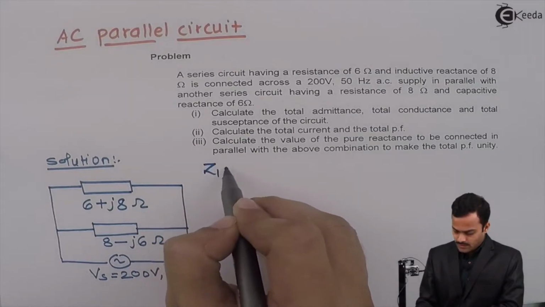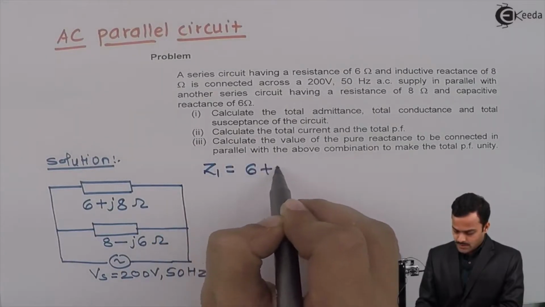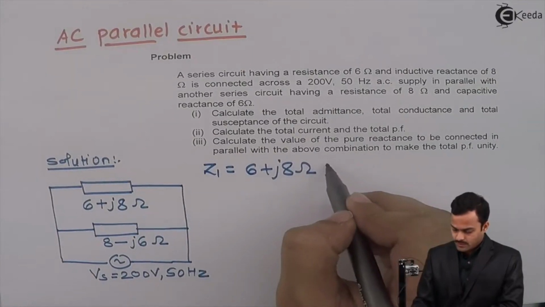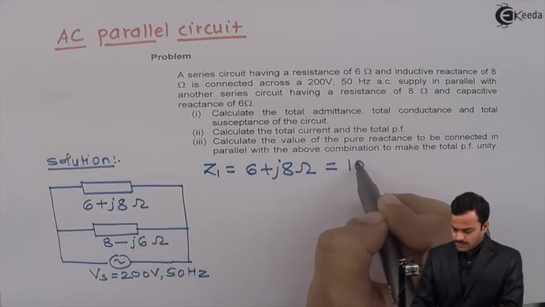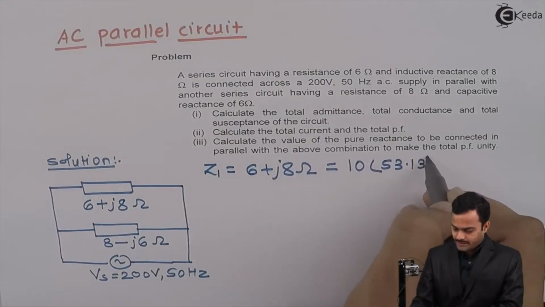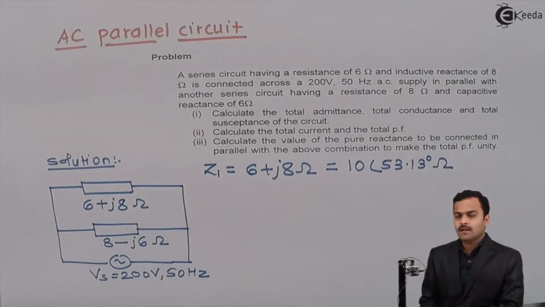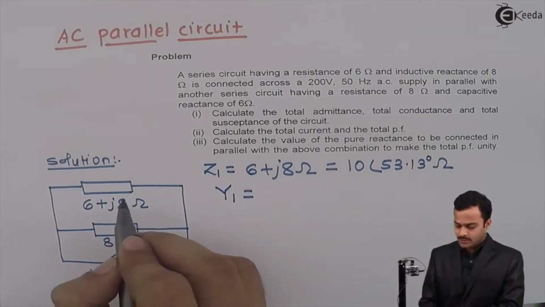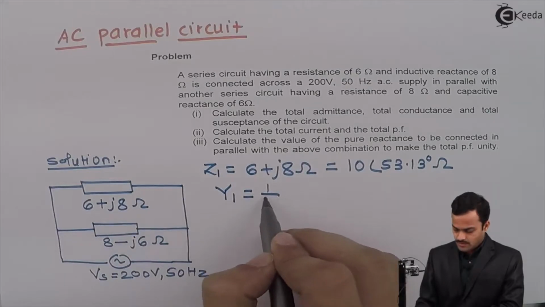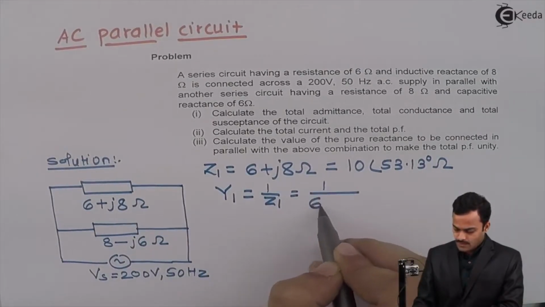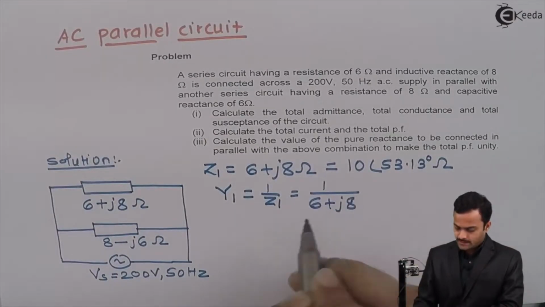So Z1 equal to 6 plus j8, which is equal to 10 at an angle 53.13 degree ohm. I can get Y1, the admittance of the first branch, 1 upon Z1 equal to 1 upon 6 plus j8.